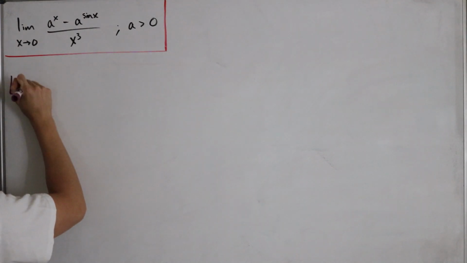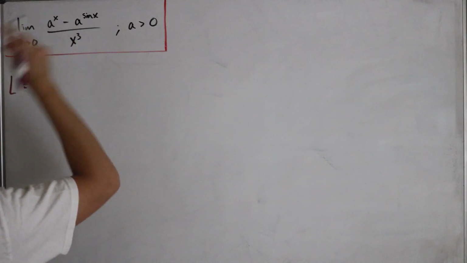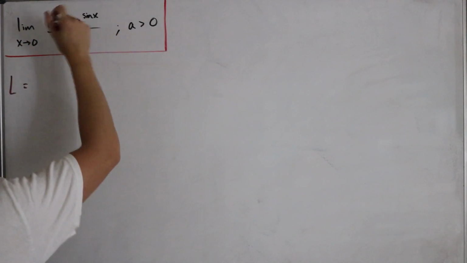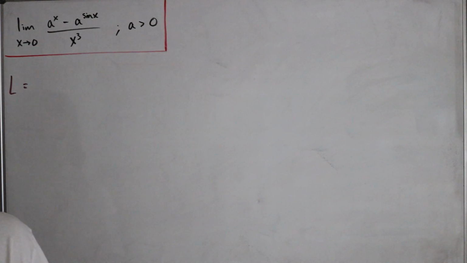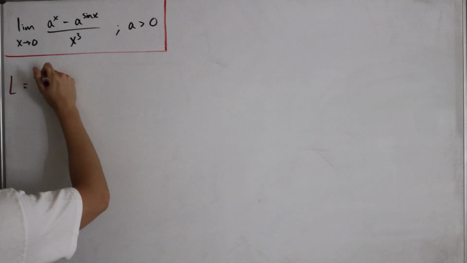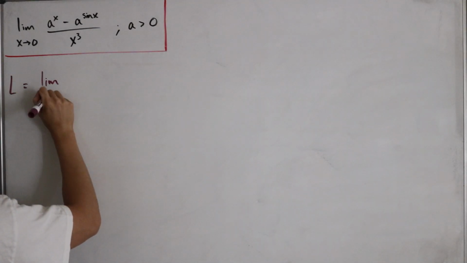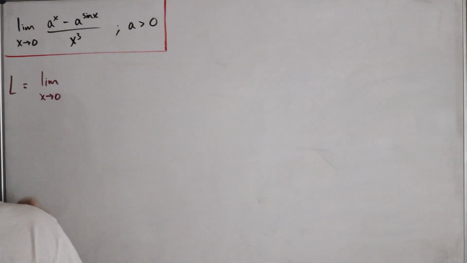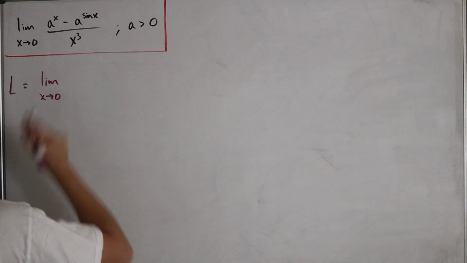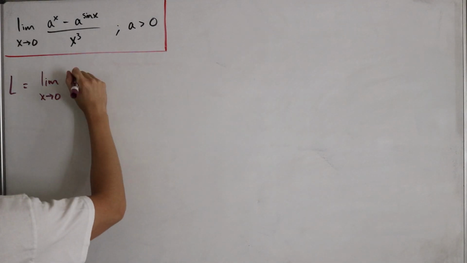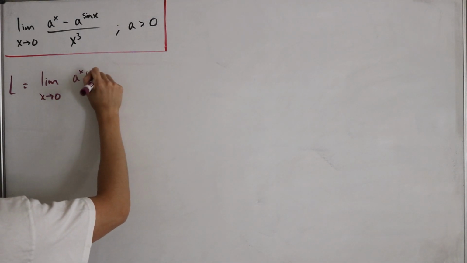So capital L, I'll just call that. As mentioned, if you just plug in 0 for x, everything is going to be in the 0 over 0 indeterminate form. So with this being the case, let's now take the derivative of our numerator and denominator. If I take the derivative of a to the x with respect to x, that's going to be a to the power x times ln of a.